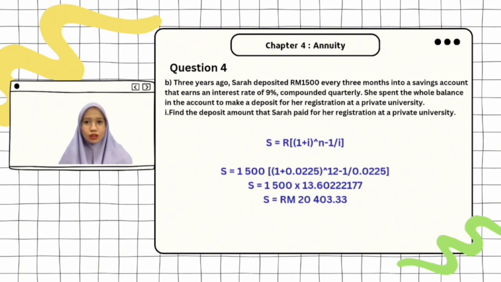The formula we need to use is S equal to R bracket 1 plus i to the power of n minus 1, divided by i.